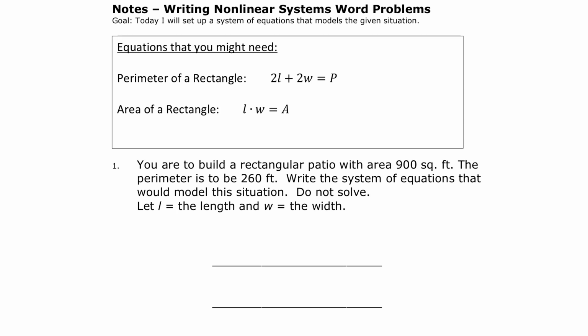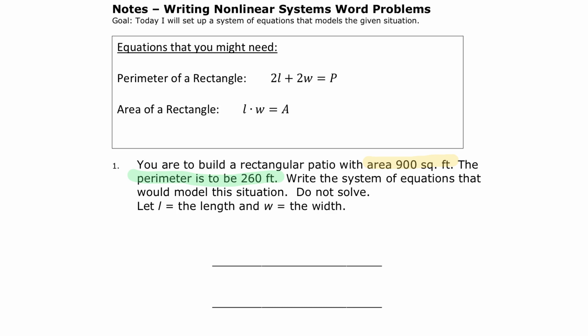Let's go back and read through this again. The area is 900 square feet. The perimeter is 260 feet.